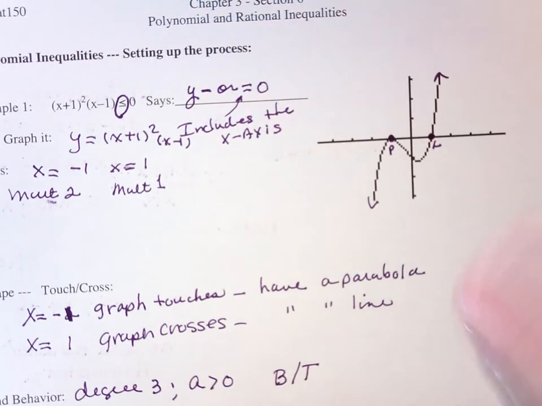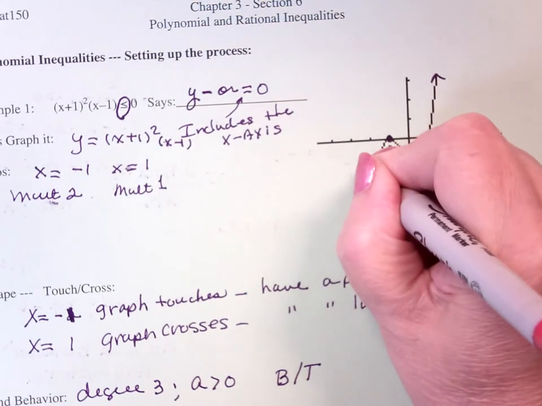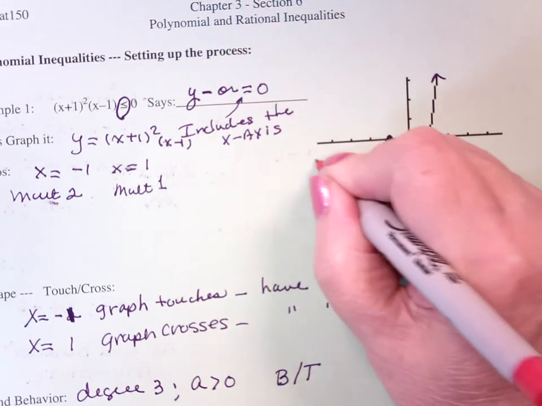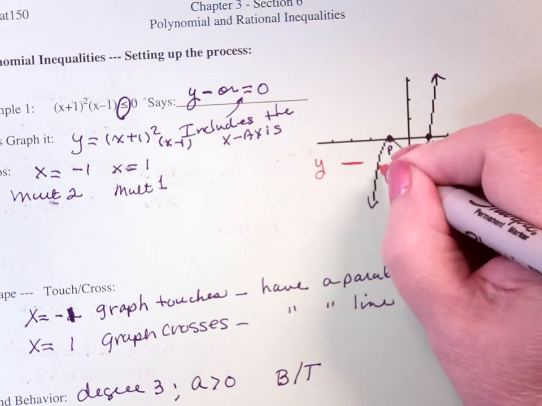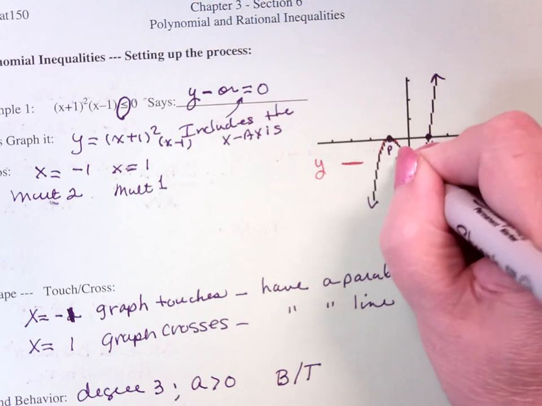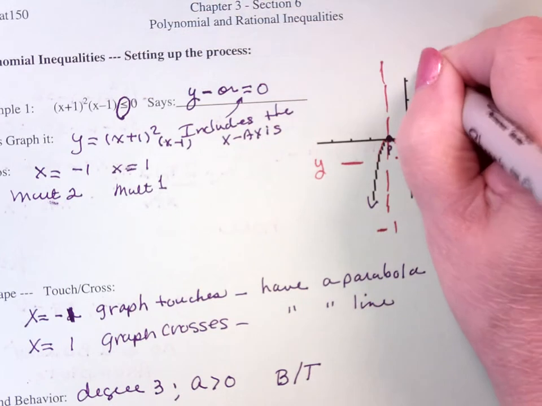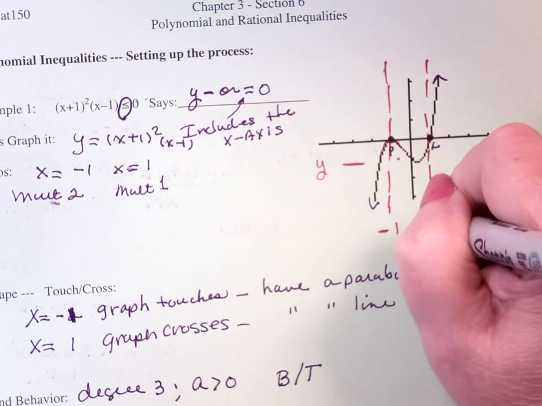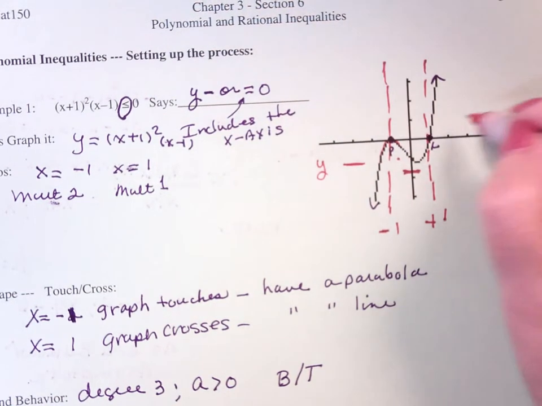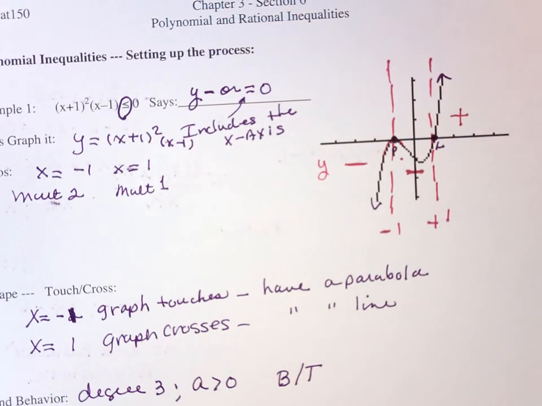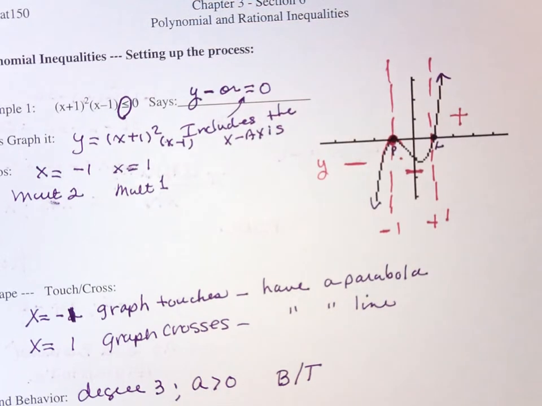Now if I want to know where this graph is negative, so y is negative, it goes to negative 2, negative 1, and since it bounces, it stays negative. So here are my 2 zeros, negative 1 and positive 1. It stays negative. Then the graph crosses and moves to positive. It includes the 0, so that's a solid dot.